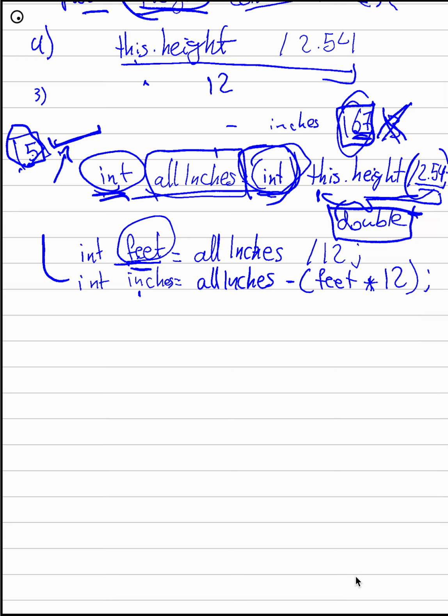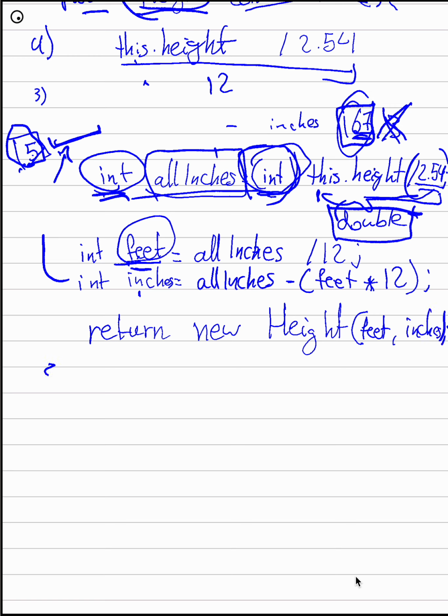So what's the keyword that we need to use? We need to use return. And what are we returning? A new height, exactly. And we're going to pass in the feet and inches. Does that all make sense? All makes sense. Excellent.